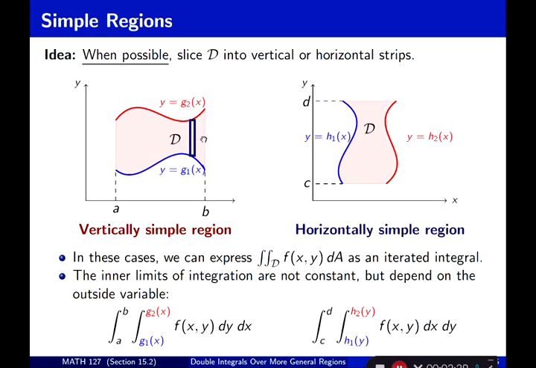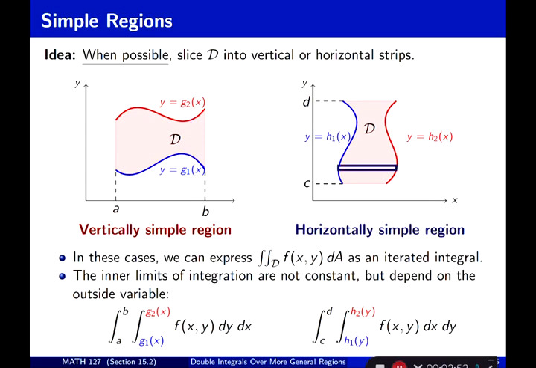Over here the width of each strip is delta x, and it's basically infinitesimal, and that width times the area gives you an infinitesimal volume every time. And so it goes all over.